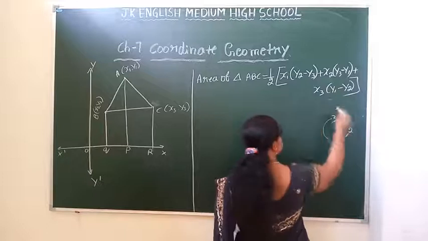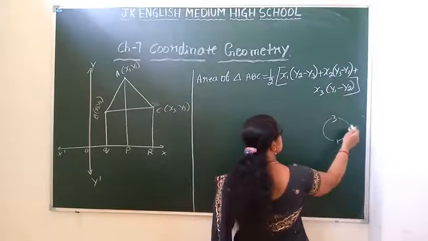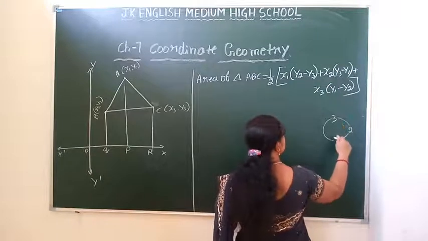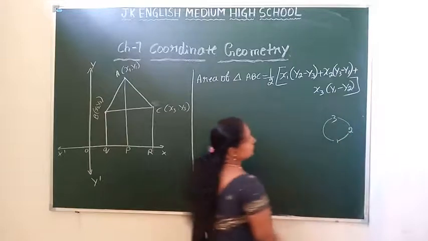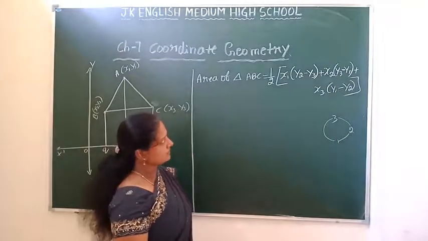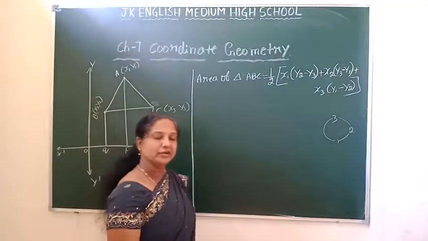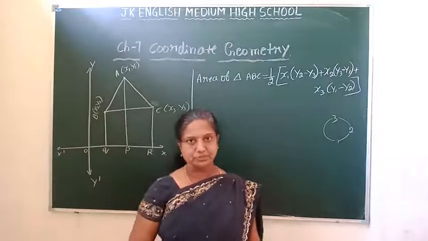After first one, x1, next is y2 minus y3. Then next x2, then y3 minus y1. So plus x3, then y1 minus y2. To remember, it becomes very easy, children. So you can remember this formula in this manner to find out area of a triangle when three vertices coordinates are given to you.